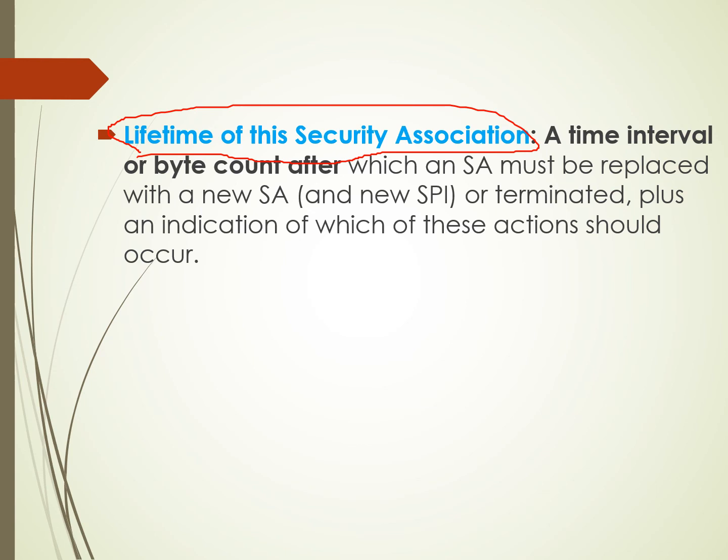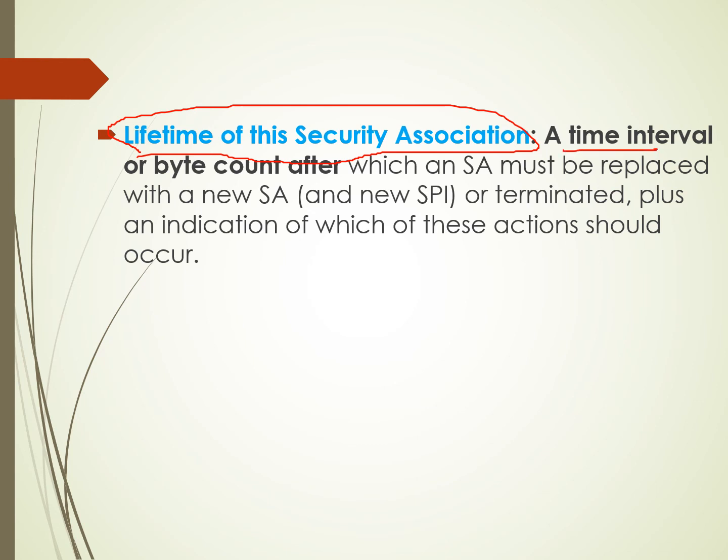It may be 10 years or 15 years. Say 15 years is the lifetime of a passport. After 15 years are over, we need to go for renewal of our passport. The same thing: each security association established by a client has a certain lifetime. After its lifetime is over, you need to go for renewal.